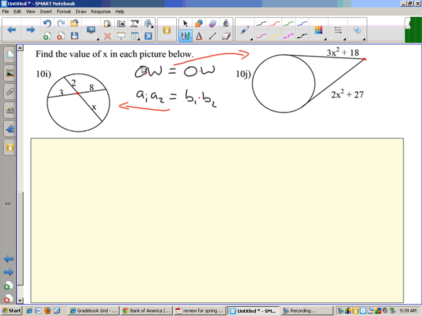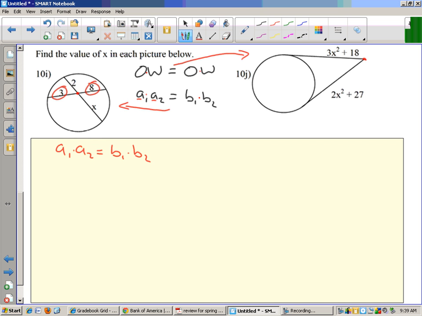So let's look at A1, A2 first. When I say A1, A2, I'm talking about two parts of the same line. They're both parts of A. So what two numbers up here would be parts of the same line? 3 and 8. Good, we could call that A1 and A2. So A1 times A2 equals B1 times B2.